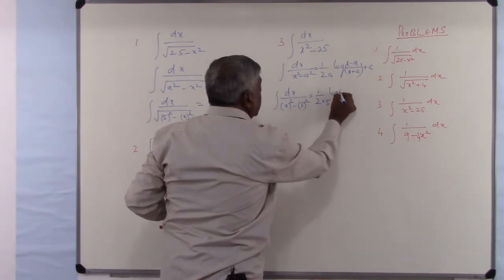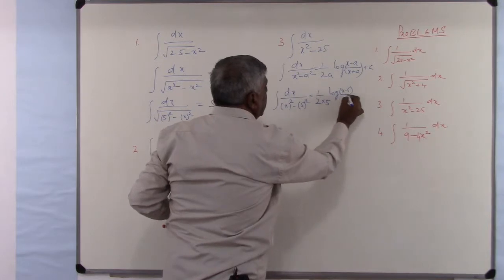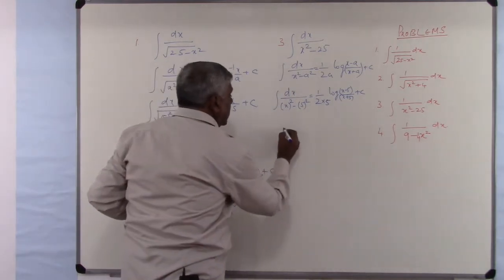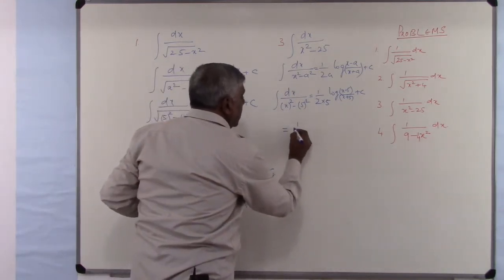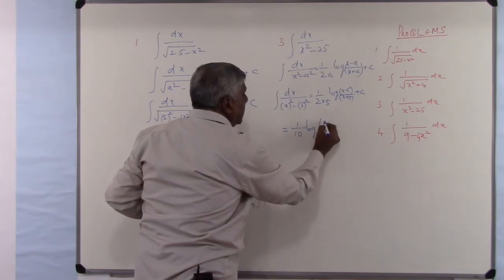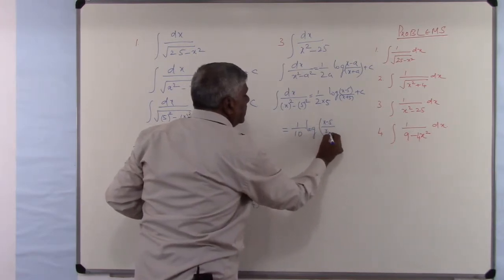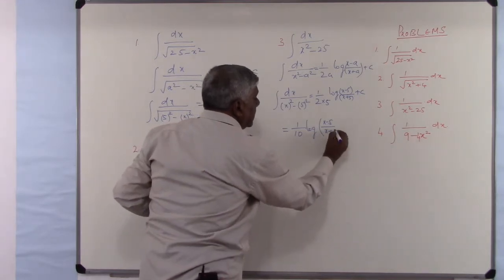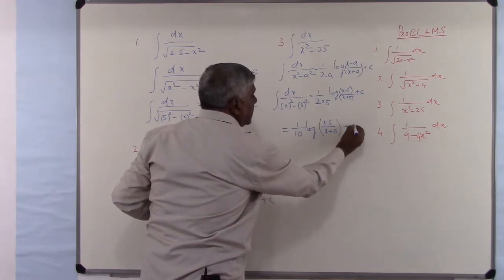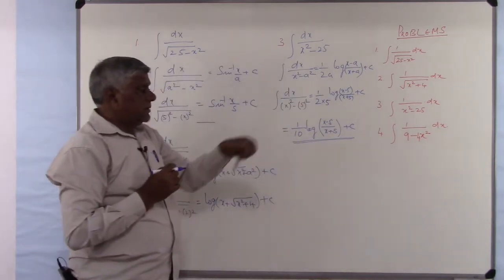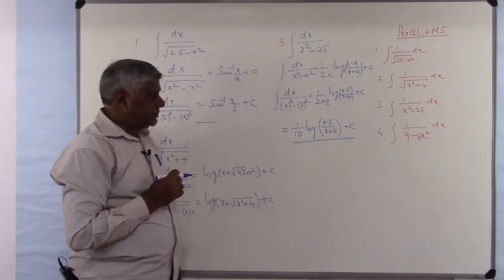Our answer is 1 over 10 log of x minus 5 divided by x plus 5 plus c. This is the answer for the third problem.